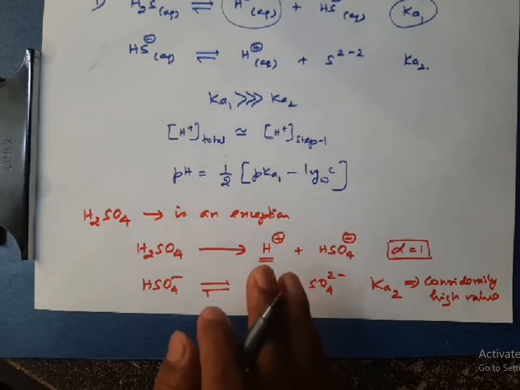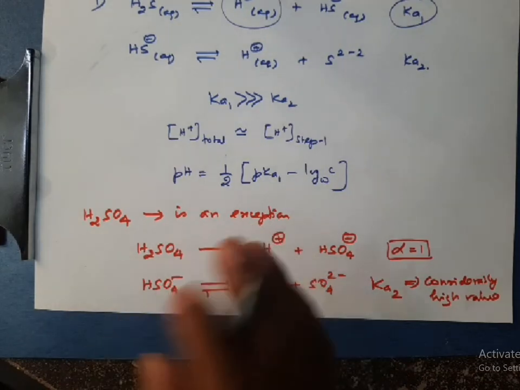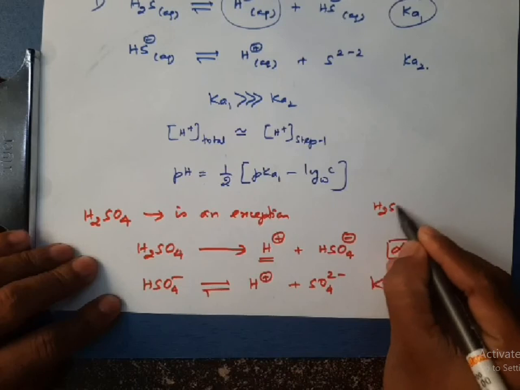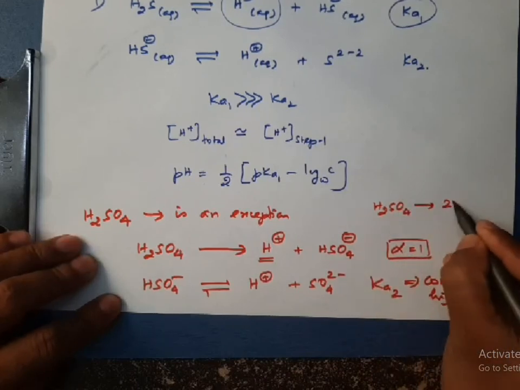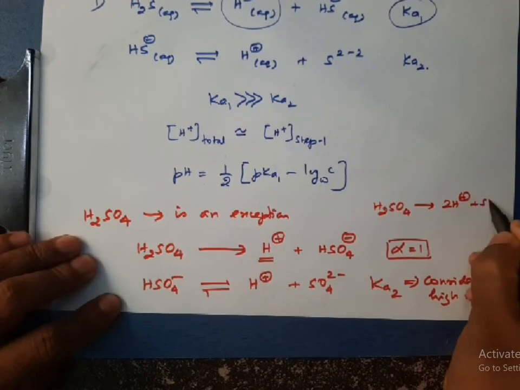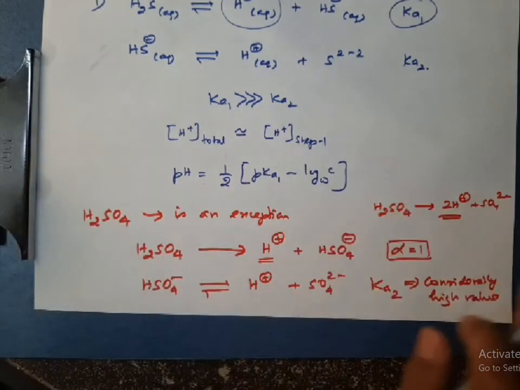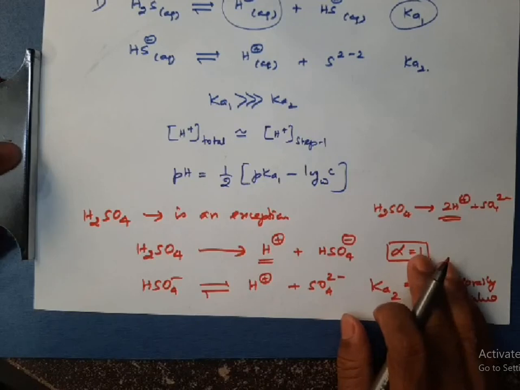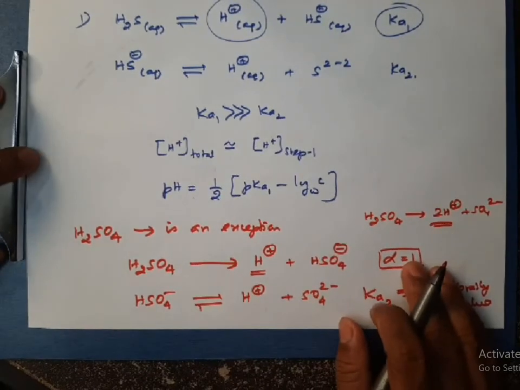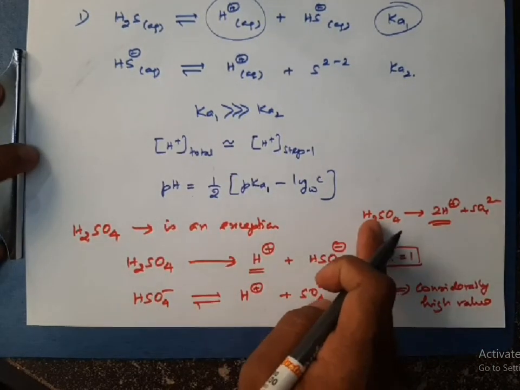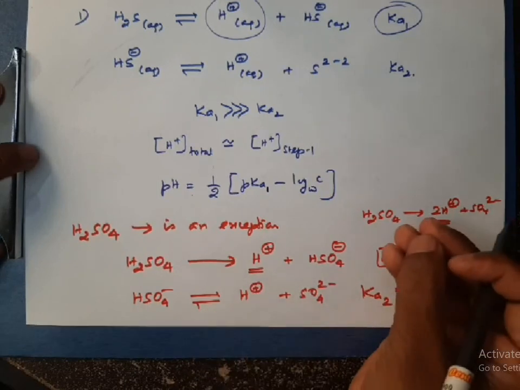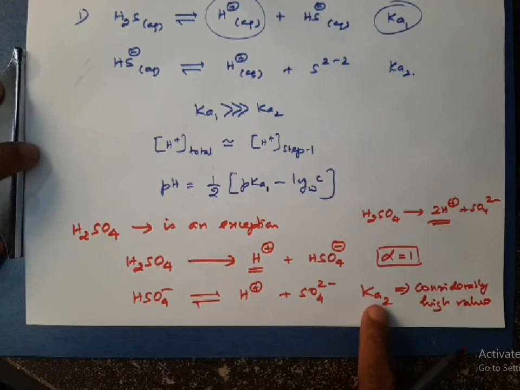That's why for sulfuric acid, often we write like this: H2SO4 undergoes complete ionization, giving 2H plus and SO4 2 minus. This is well and good for almost all the cases. Only in a few cases, depending upon the concentration of the sulfuric acid given, we'll consider the second step ionization constant.